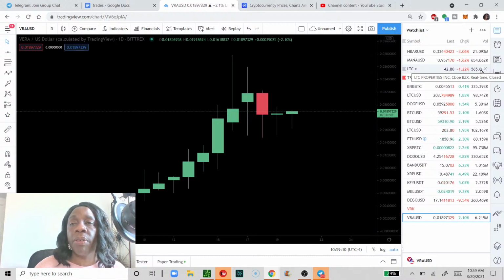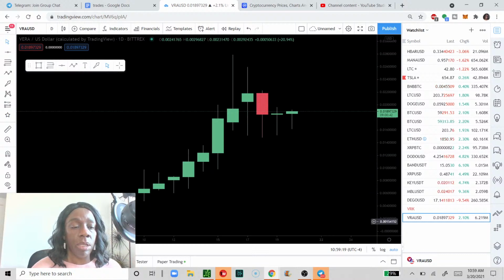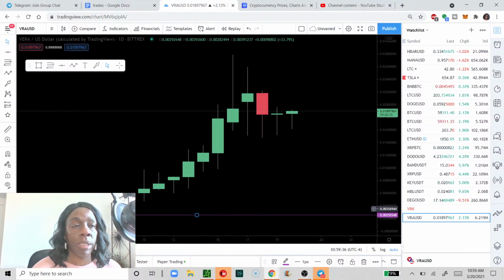Okay, so VRA, can I please give my view on VRA? Okay, so this is it. Ooh, I like this nice upward movement. Look at that, guys. If you got into VRA down here, your levels are so key. Yes, I got my levels there. And you buy as soon as it breaks above that resistance. 1, 2, 3, 4, 5, 6, 7, 8, 9.